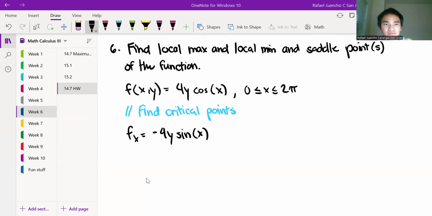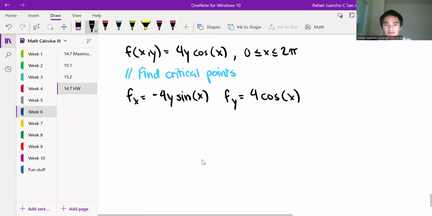Let me just see if we got that part at least. Okay, we got that part. And then for my f sub y, here in this case, I leave this be. Then my y is 1. So that's a number. Then I equate them to 0.